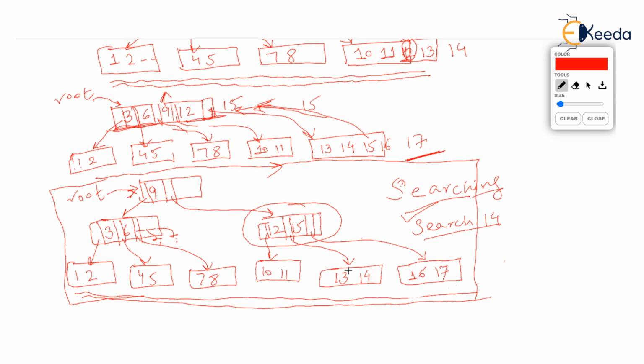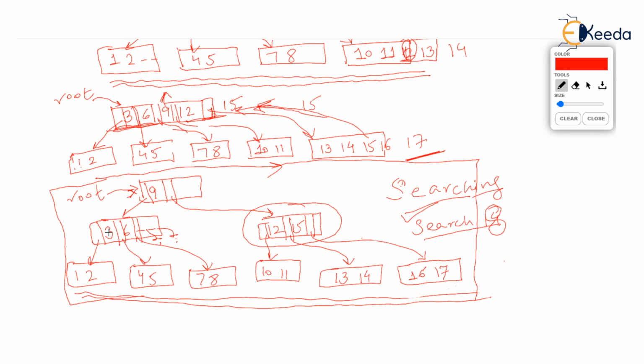Now assume that we were searching 8 instead of 14. How many nodes maximum will you trace? The answer is again 3. Your search begins with the root, and as 8 is less than 9, you take the left child of 9 and reach the node which has 3 and 6.